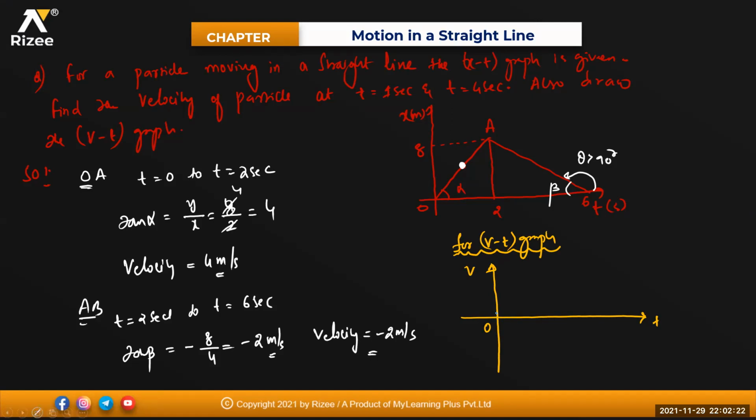So it will be 1, 2, 3, 4. So this will be equal to 4, and it will be constant up to 2 seconds. Then from 2 to 6, velocity is negative. So that means it is -1, -2. That means here it is -2. And it is coming like this up to 6 seconds. So this will be your VT graph. Clear?